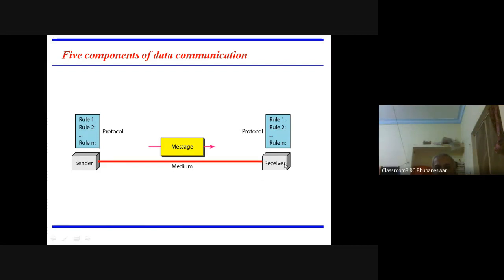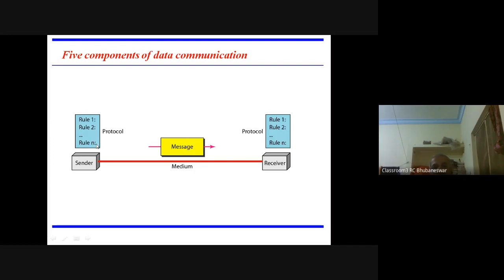Second is receiver, also a node which receives the data. Third is the message, the data that is transmitted. Fourth is medium, the path through which the message is transmitted. It may be a wired medium or a wireless medium. Is it clear? And the next important thing is protocol.